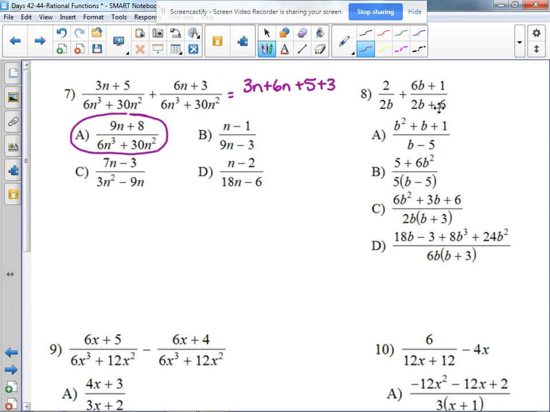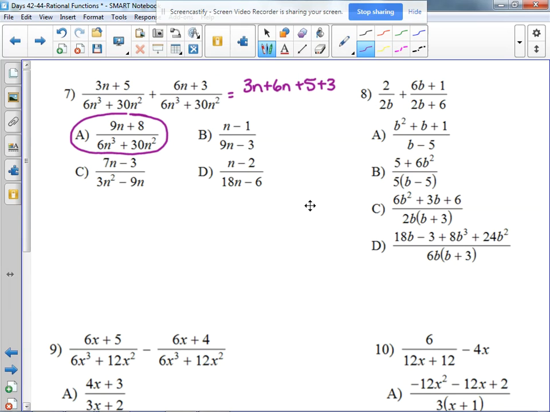I have nothing that looks like B minus 5 in my denominator. So I'm thinking it's either C or D. I'm probably going to go with C to try first, because D has a 6B. I mean, this has a plus 6, but it doesn't have a B. At least I do have a 2B in the original problem.